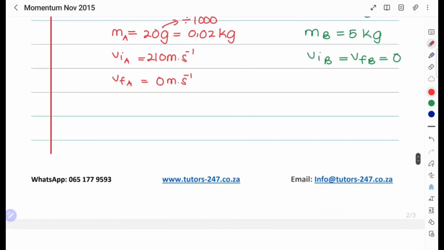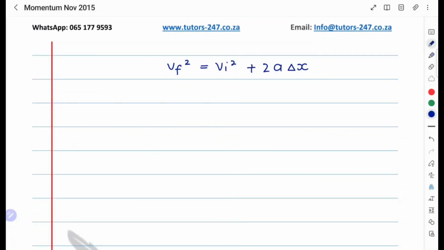In addition to that, we know that the bullet traveled a displacement of 0.4 meters into the block. So using this information, all we now need to do is substitute into the formula.